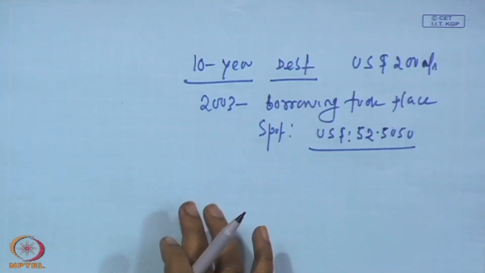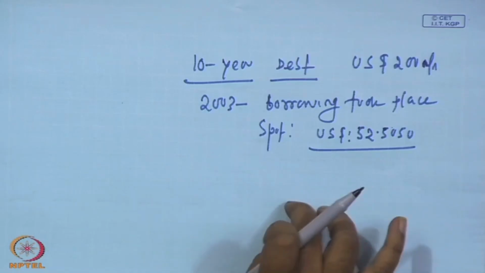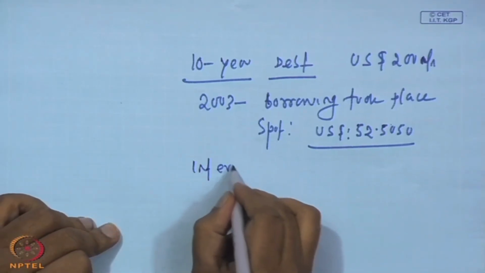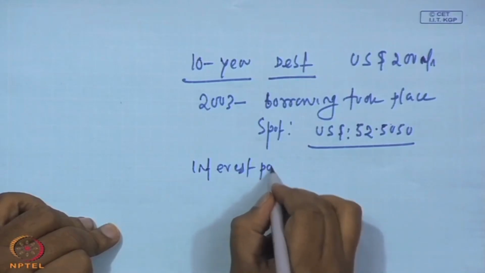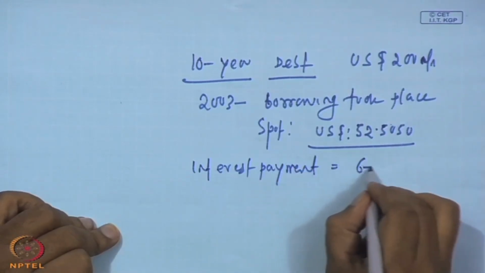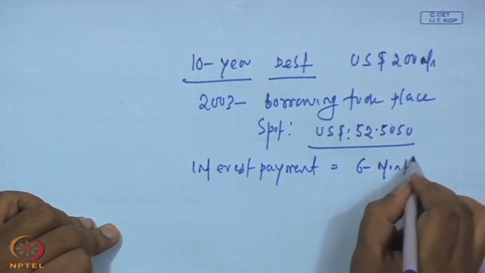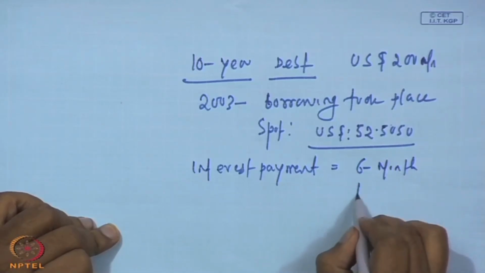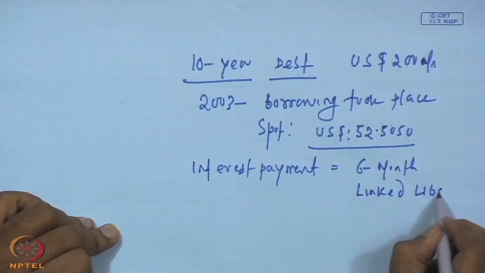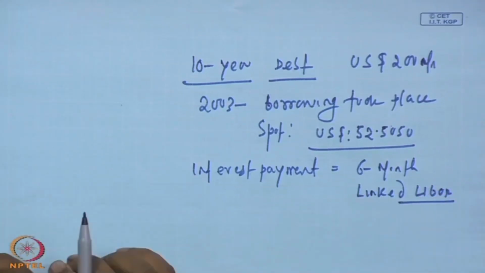In between, the company has to pay interest every 6 months, and this is linked to LIBOR, the London Interbank Offer Rate.